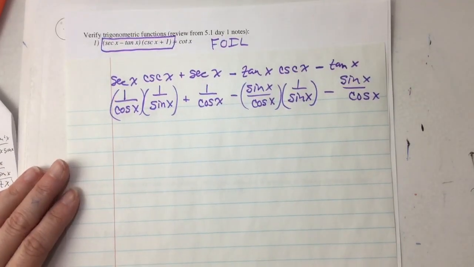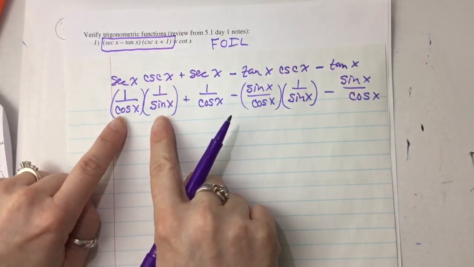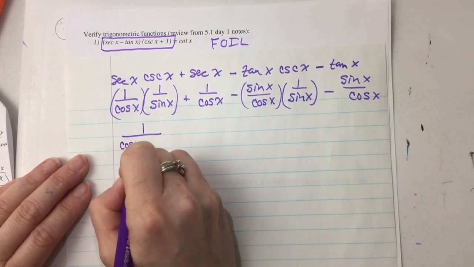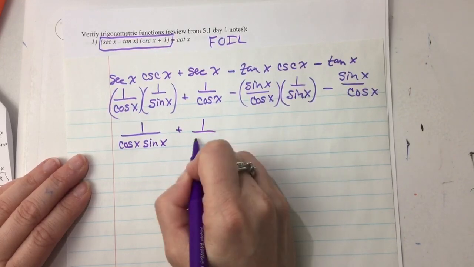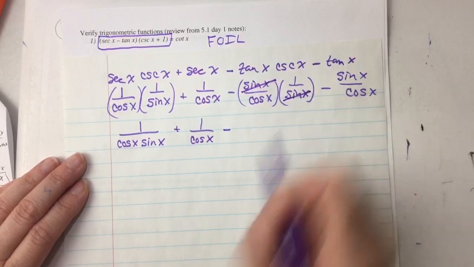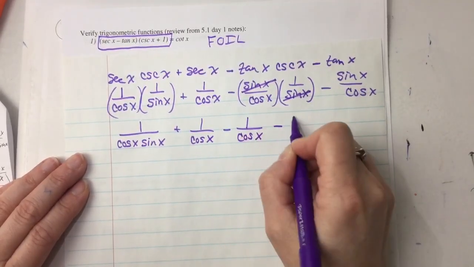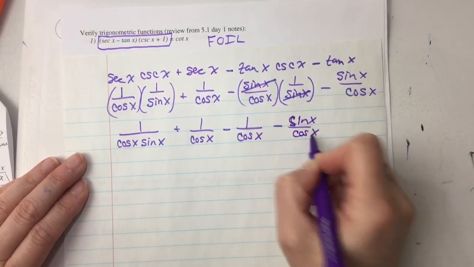So you'll notice I changed everything into sines and cosines. Here, if I multiply those two, top times top, bottom times bottom, I have 1 over a cosine of x times a sine of x, plus, oh, I can't do anything here, cosine of x, minus, hey, cross cancel, 1 over cosine of x, minus sine of x over cosine of x.